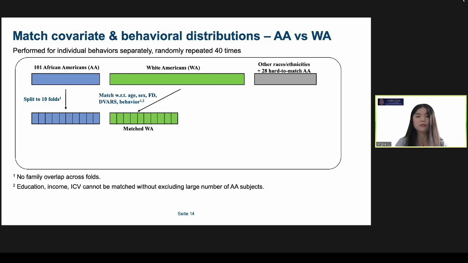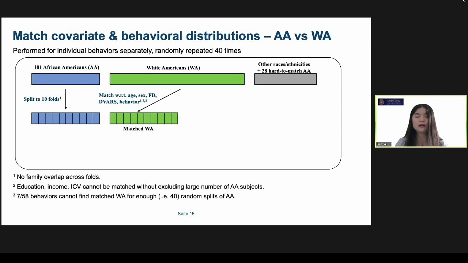Then we also randomly split the same number of white Americans and did Hungarian matching with African American folds based on age, sex, motion, and behavior scores. After 10,000 iterations, we selected the iteration with lowest matching cost. Note that we also try to match for education, household income, and intracranial volume, but these measures are impossible to be matched unless we throw a large portion of African Americans.